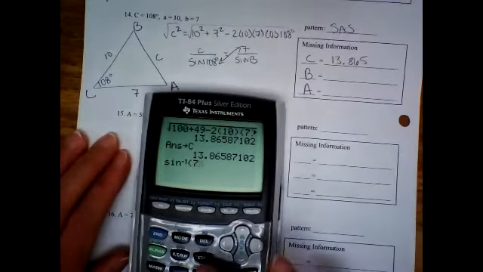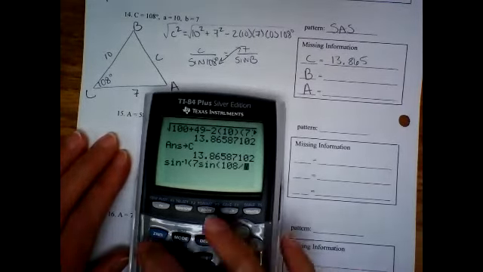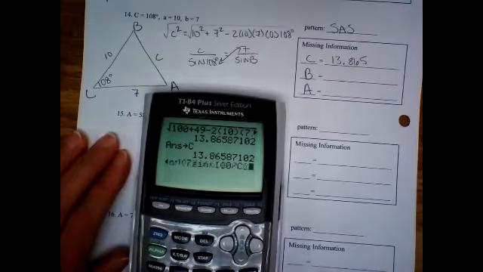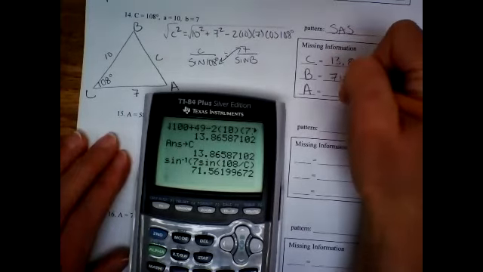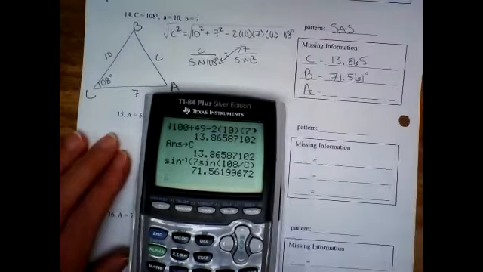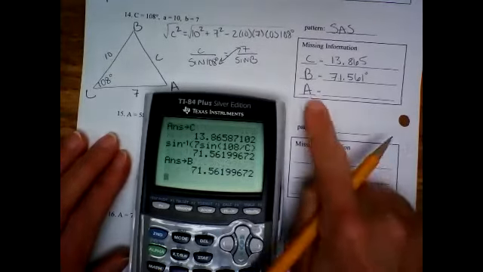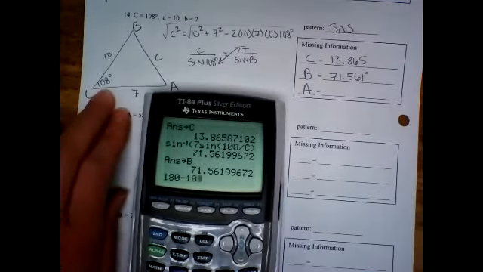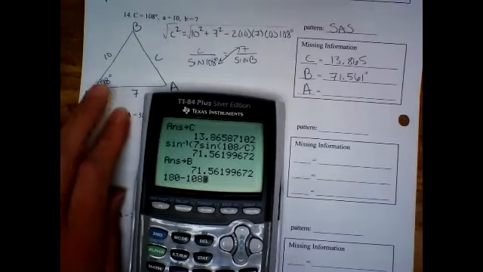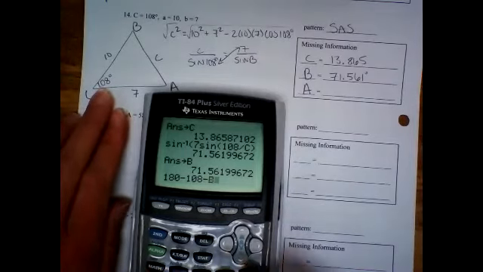So 7 sine of 108 divided by c. And I got 71.561 degrees. Store that as B. To get the last angle, just do 180 minus the other two. So 180 minus 108 minus B.